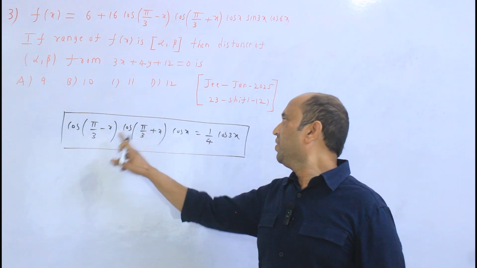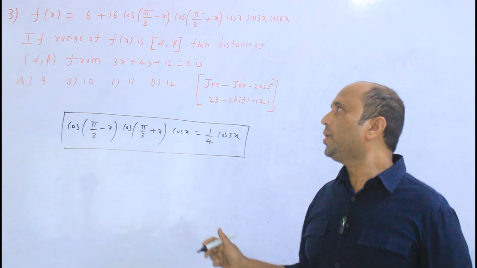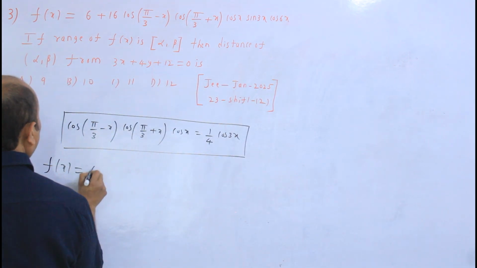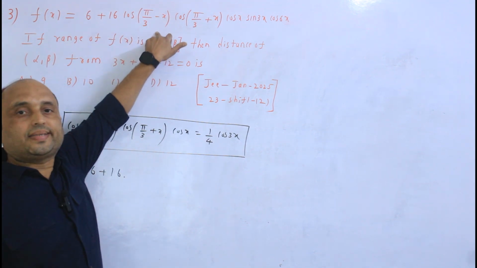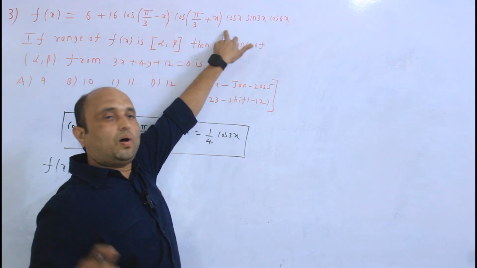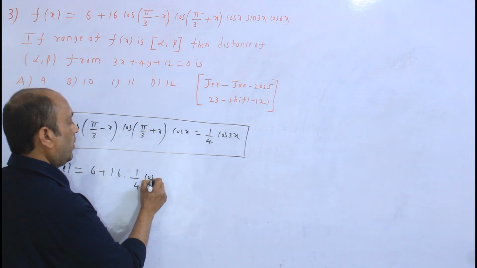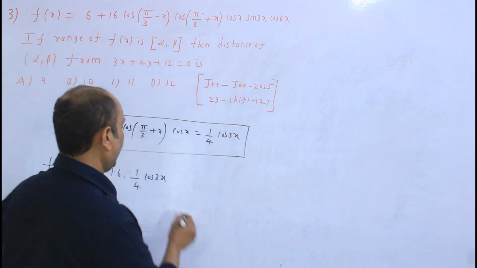Just substitute, we get the answer, the simple proof being 1 by 4 cos 3x. So here f of x is equal to 6 plus 16 times 1 by 4 cos 3x.